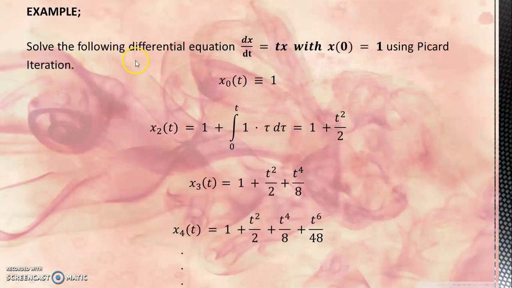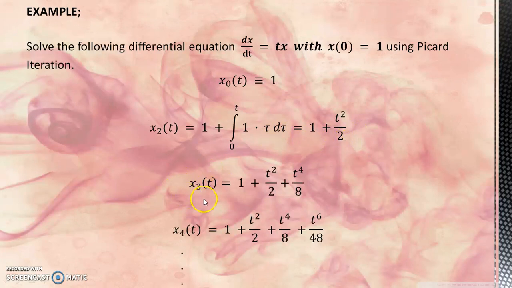Example, solve the following differential equation dx over dt equals tx with x(0) equals 1 using Picard iteration. X naught(t) approximately equals 1. X1(t) equals 1 plus integration from 0 to t of tau d tau equals 1 plus t squared over 2.